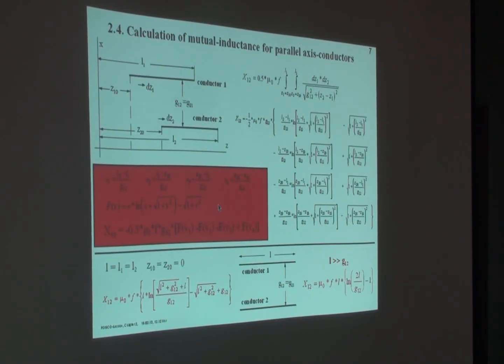So, what have we to do? We have the values L1. This L1 is 1.25 meters. L2 is 0.95 meters.